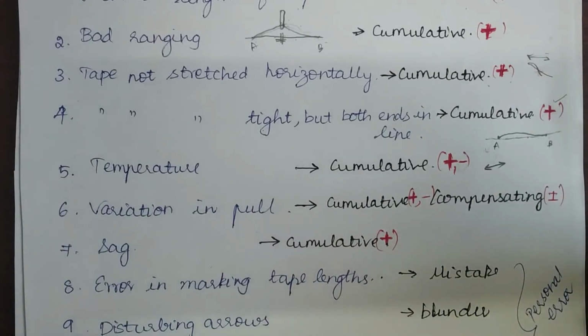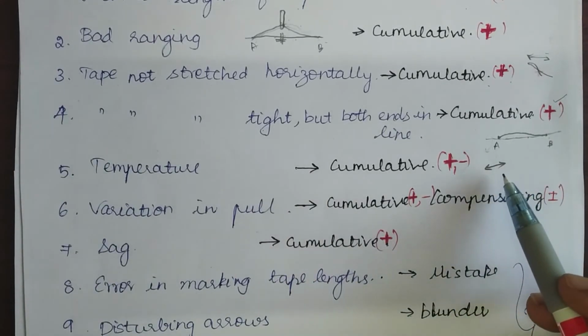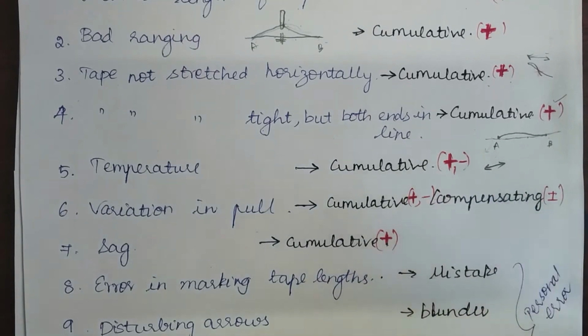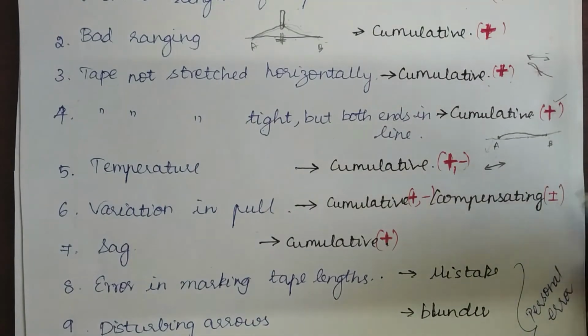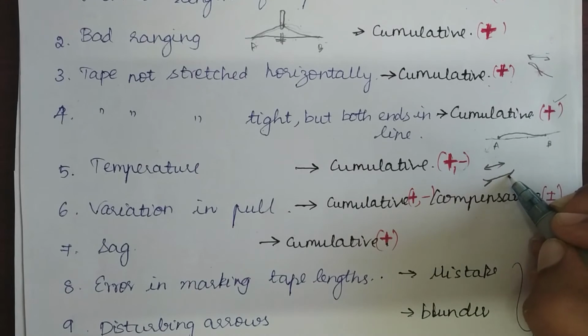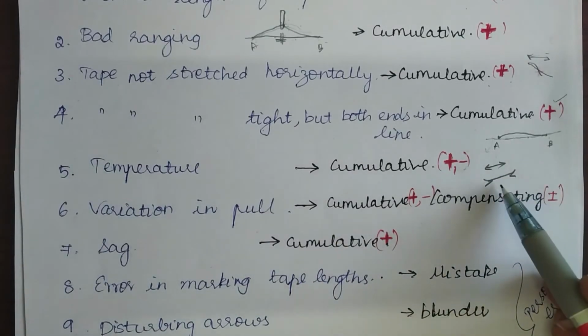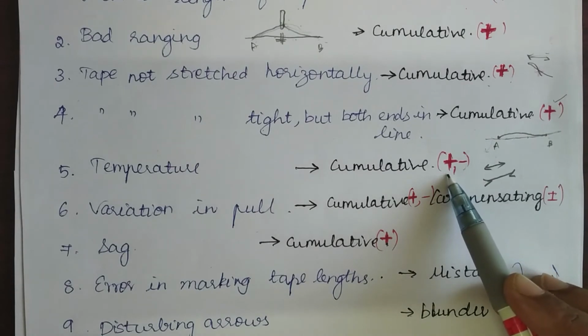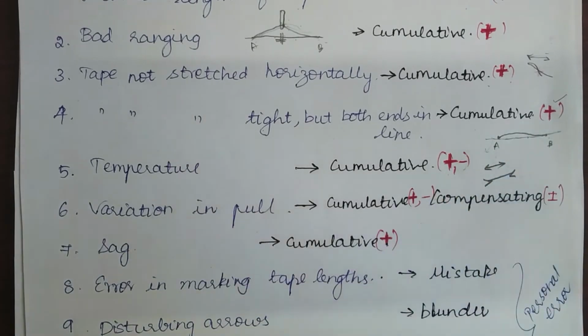So when it expands, the measured length will be less, and therefore the error will become negative. Whereas if the temperature at which we are measuring is low, then our tape tends to shrink. When it is shrinking, the measured distance is going to be more, and hence the error will be positive. In either case, the error is always going to be cumulative.